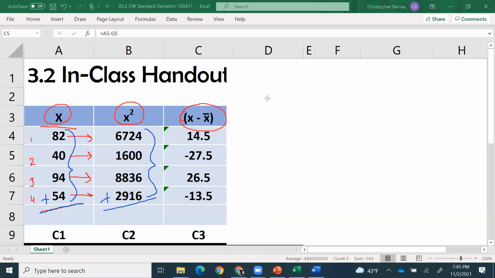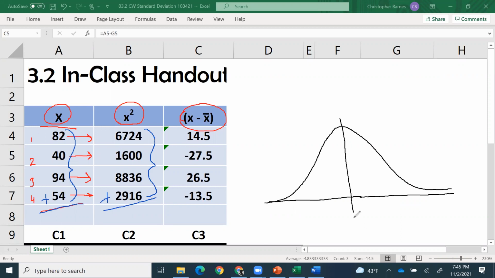You guys have seen this now, but we weren't familiar with this when we first talked about the standard deviation earlier in the semester. We know how to draw a normal distribution now. And I think everybody knows that in the middle of the normal distribution is the mean, the 67.5 that we were just referring to in all our previous problems.